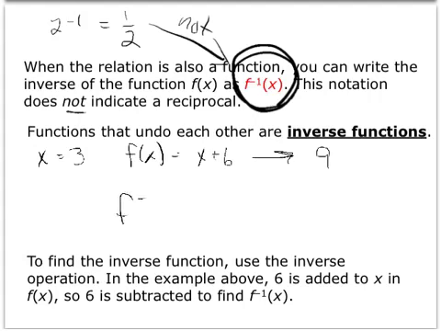The inverse function of that is x minus 6, because if I input that 9, I get out 3. See how everything has come full circle. So to find the inverse function, use the inverse operation. In the example above, 6 is added to x in f of x, so 6 is subtracted to find f to the -1 of x, and that's how you say it, f inverse of x.